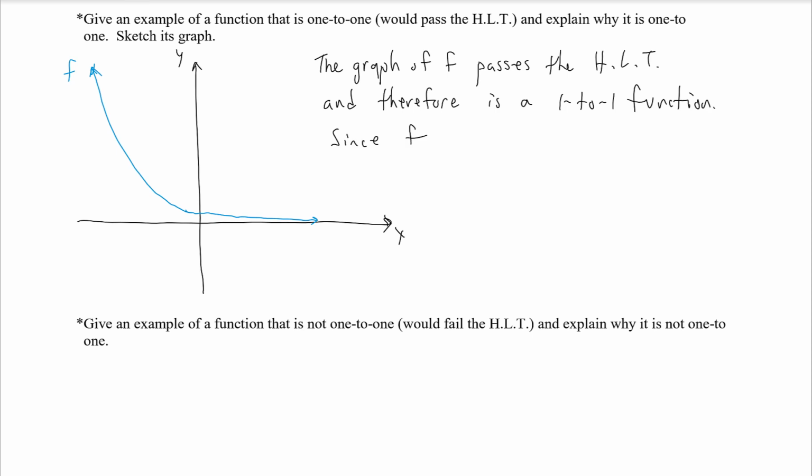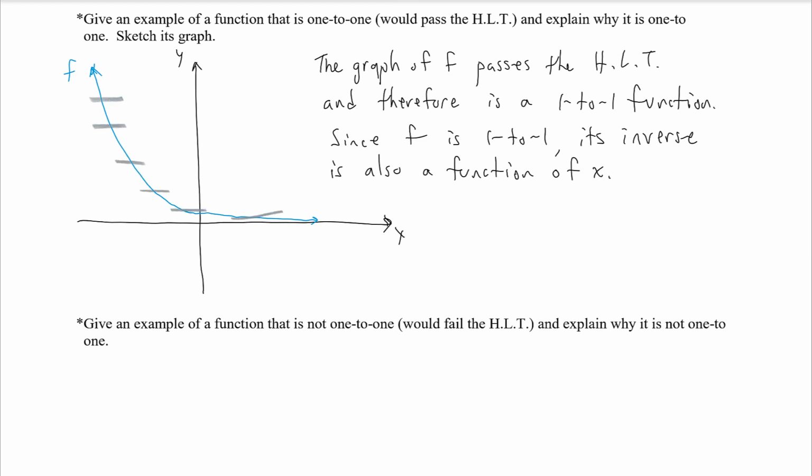Since f is one-to-one, its inverse is also a function of x. That's what's important here: I can draw any horizontal line I want, and I'm going to hit the graph one and only one time. That means its inverse will be a function. So the thought process goes like this: passes the horizontal line test, therefore it's one-to-one. Because it's one-to-one, its inverse will be a function of x.